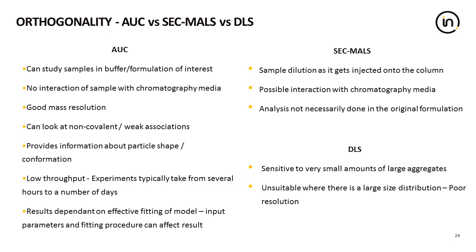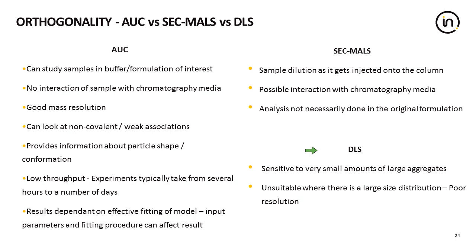We can look at non-covalent or weak associations using sedimentation equilibrium and can get information about particle shape or conformation. However, the limitation is it's very low throughput and takes several hours to quite a few days. In SEC-MALS, the sample gets diluted as it is injected onto the column, and the analysis might not necessarily be done in the same formulation as the sample is originally present in.